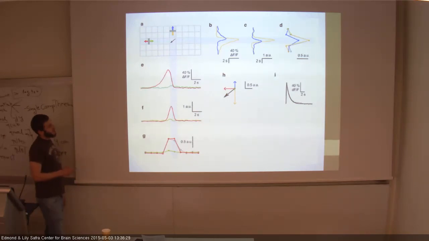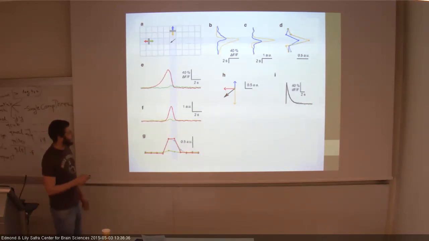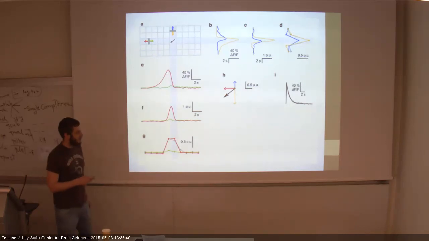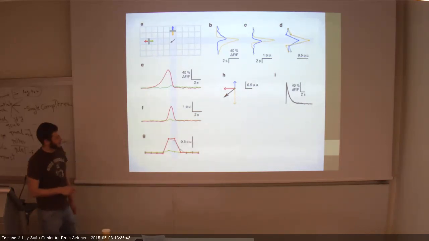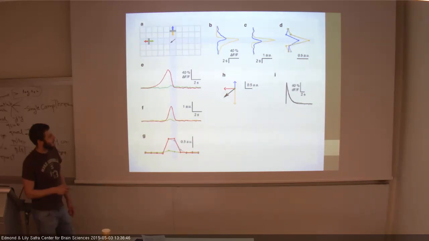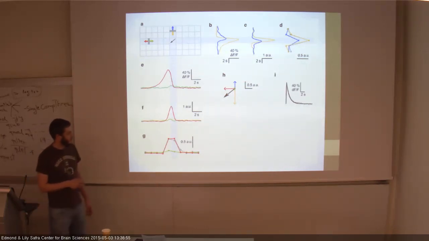So the next part: for each beam they could write a response for each one of the four directions. They could do a vector summation. I don't know if I agree with this method, but this is what they do. They did a vector summation, which means that they sum up the blue and the yellow, which is up and down, and they sum the green and the red, and they got a summation.